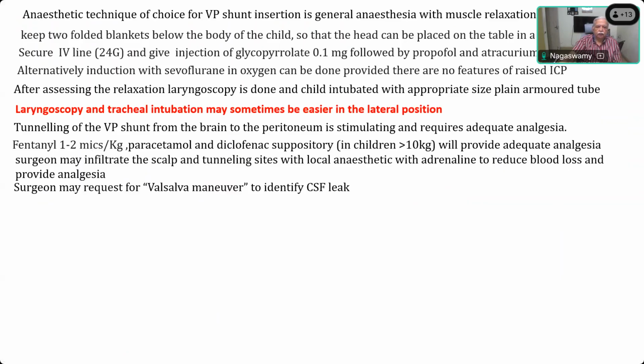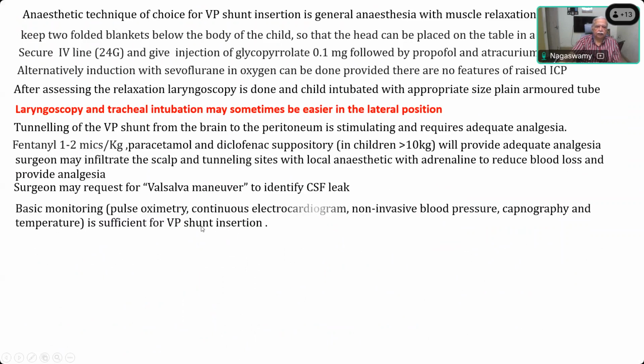And the surgeon may request Valsalva maneuver after inserting the shunt in the ventricle for identifying any leaks present there. And the monitoring, the basic monitoring like pulse oximeter, ECG, non-invasive blood pressure, capnography. You mentioned about precordial stethoscope.